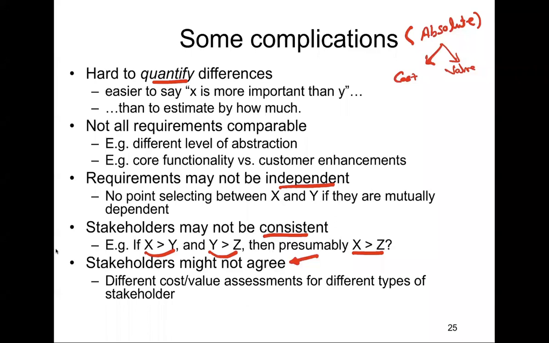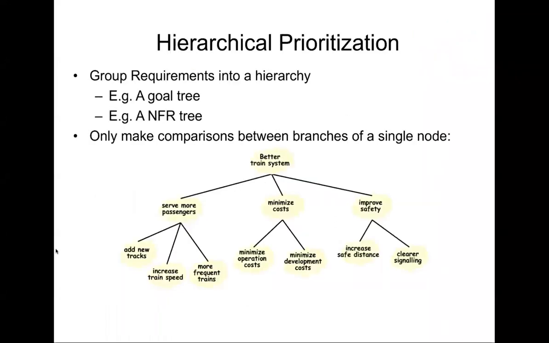So it might be easier to do hierarchical prioritization. Hierarchical prioritization provides prioritization to requirements within a hierarchy. It could be either a goal tree, which I'll talk about later as a way of representing requirements, or it could be through a non-functional requirement tree.